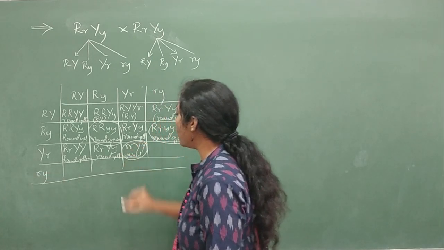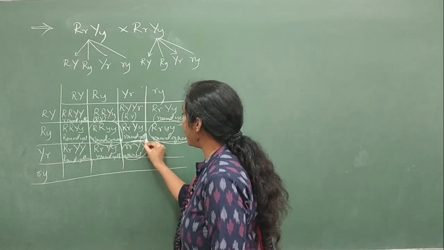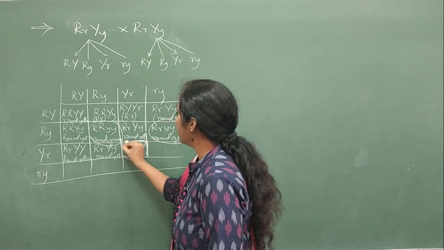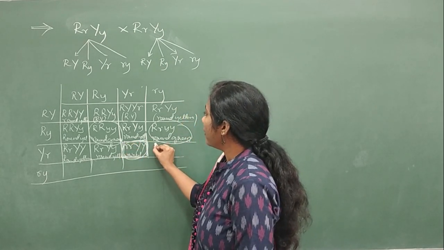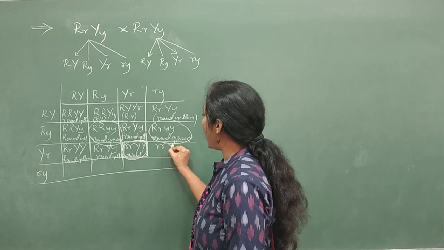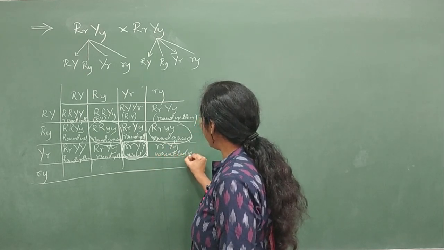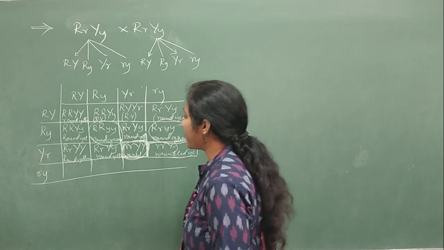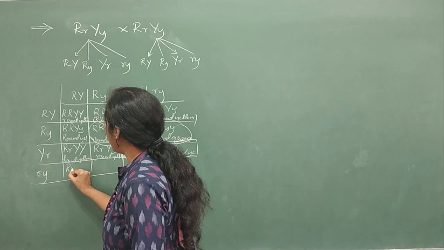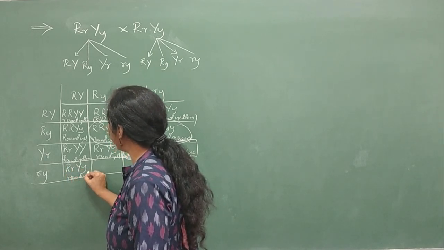Wrinkled and yellow category, isn't it? Fine. Say for this I will put one square box. And next one, R, R, Y, Y. This is also our wrinkled yellow category, right? Fine. Next one, R, R, Y, Y. This is round yellow category.